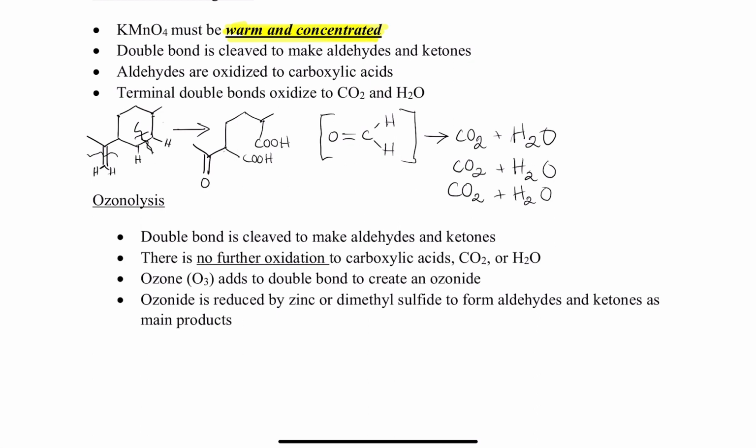Ozonolysis uses ozone, O3, and it adds to a double bond to create an ozonide. And then our ozonide is going to be reduced by either zinc or dimethyl sulfide to form our aldehydes and our ketones as our main products.